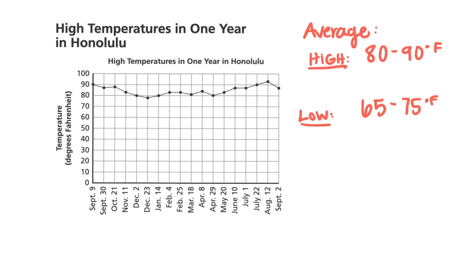Now the other statement is saying that high temperatures greater than 90 degrees occur on an average of 38 days per year. So that's saying that for 38 days out of the year, we're going to see temperatures that are greater than 90 degrees. While low temperatures less than 60 degrees occur only once or twice a year.